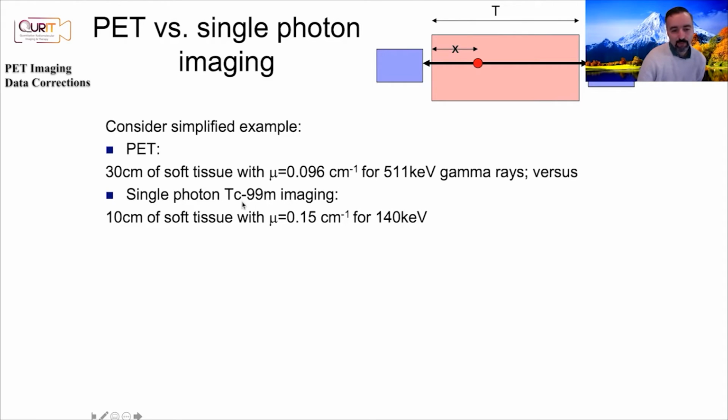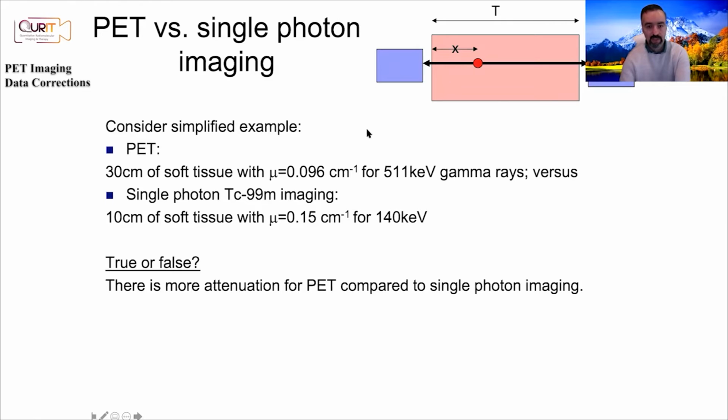And then for technetium-99m imaging, where we have 140 keV, the attenuation is a bit more, because the signal is less energetic, so it does attenuate somewhat more in water or soft tissue. So the question is true or false? There is more attenuation for PET compared to single photon imaging.